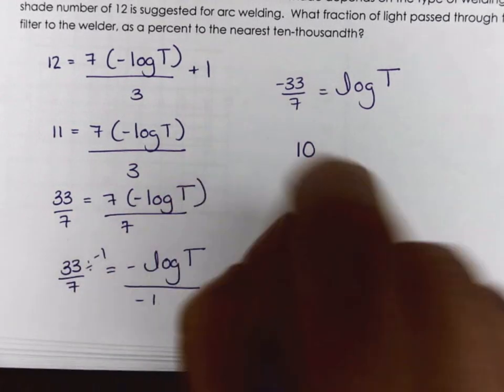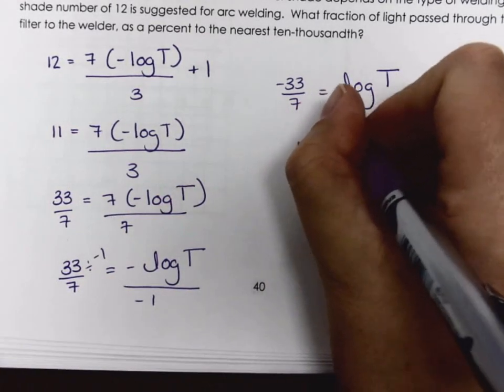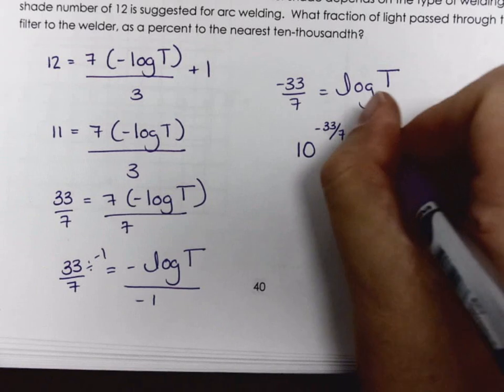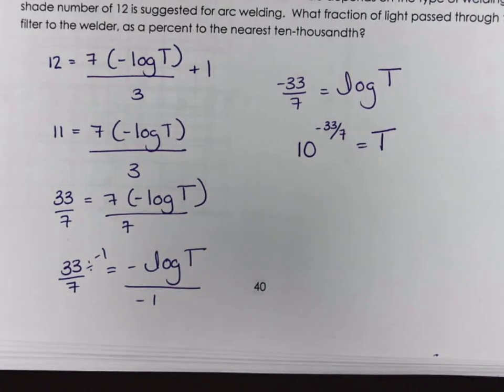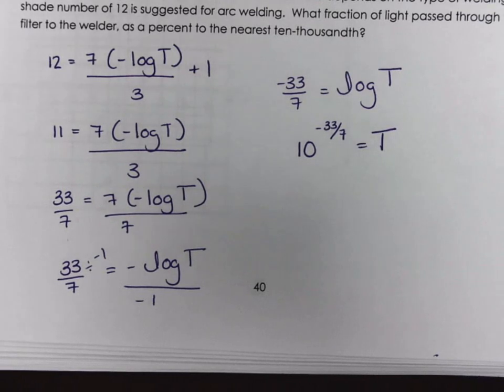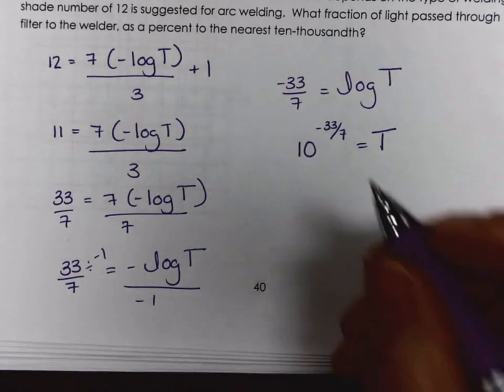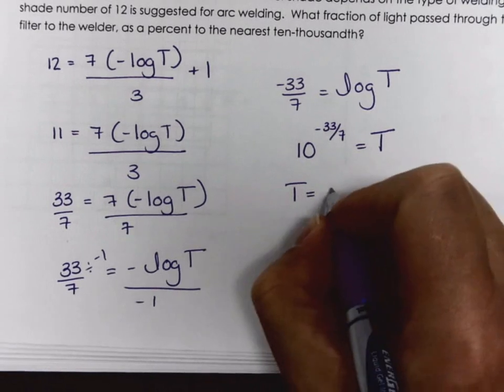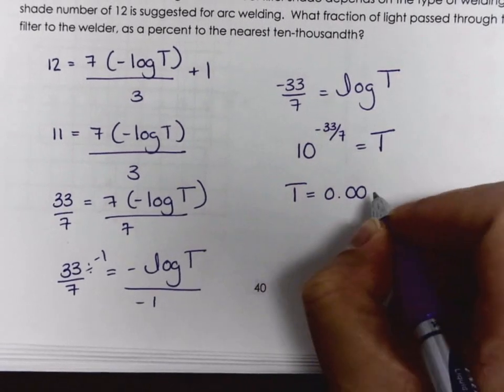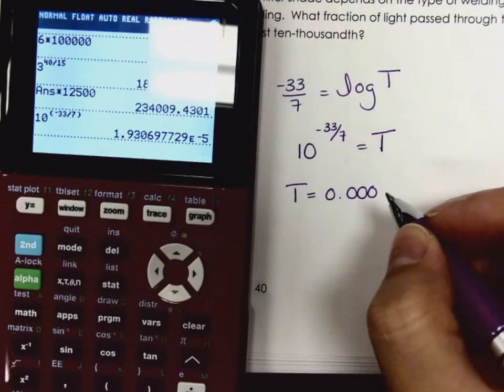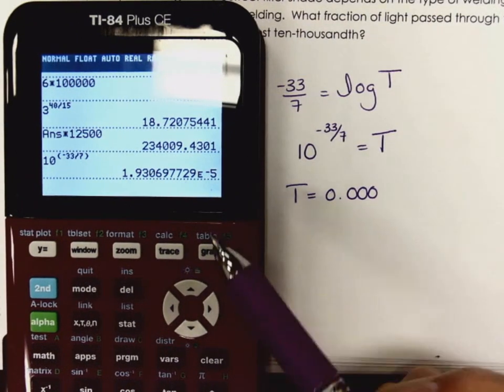This is your exponent, so that's -33 over 7, and that equals T. I need a calculator, which I've lost. Found. 10 to the exponent, -33 divided by 7. Okay. I get this really wonky number here.